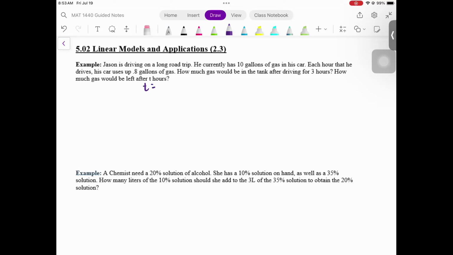So T represents the number of hours, and A of T is going to be our amount of gas left after T hours. So we're setting this up in function notation.